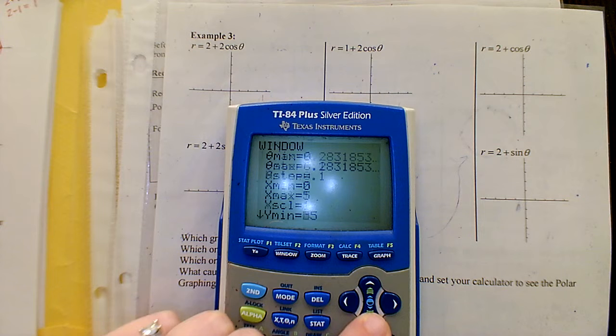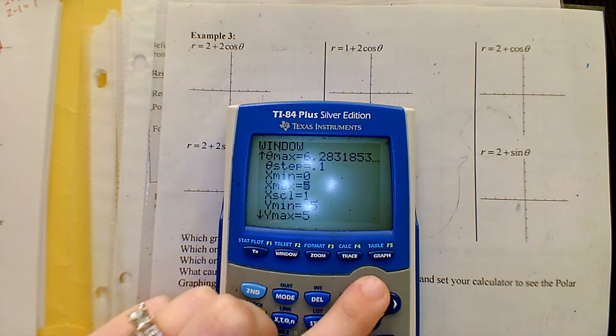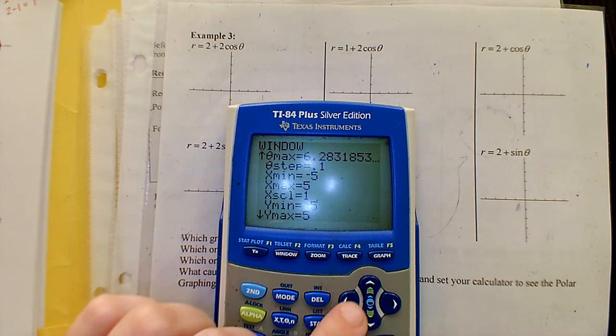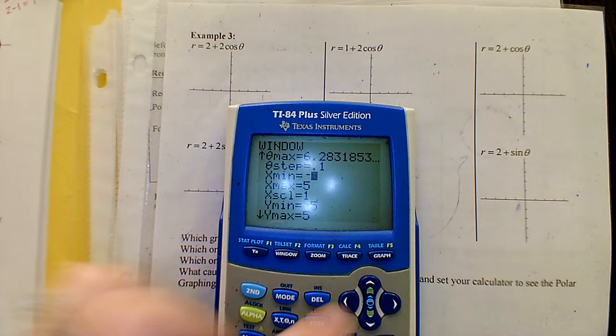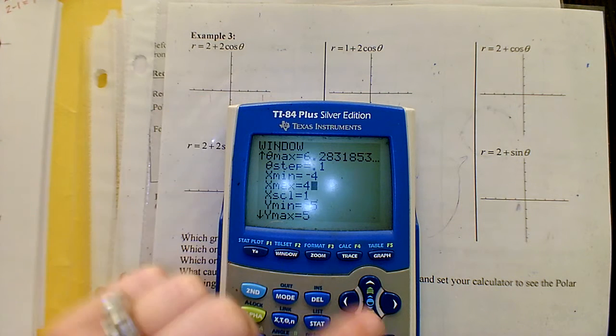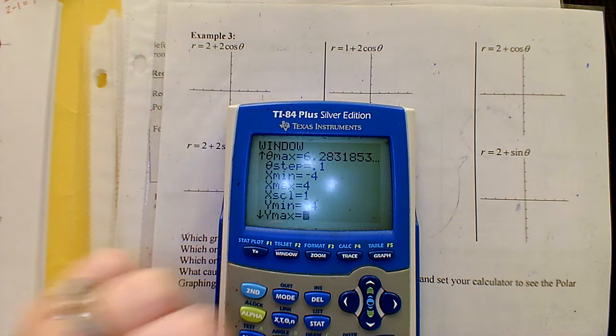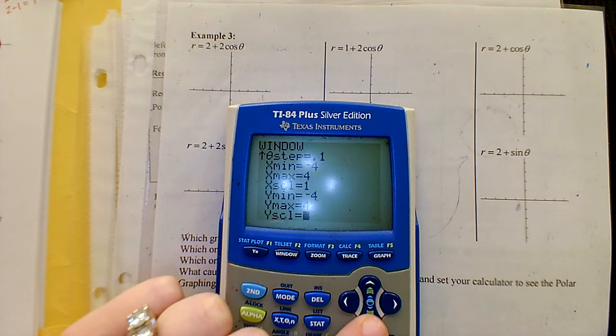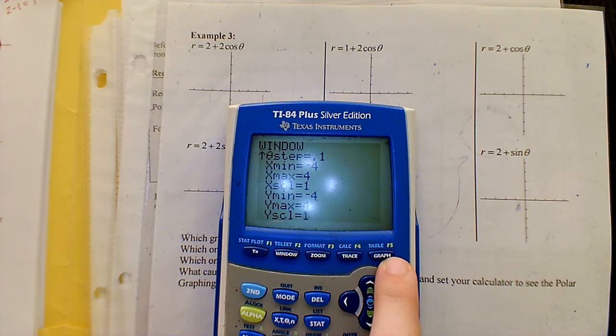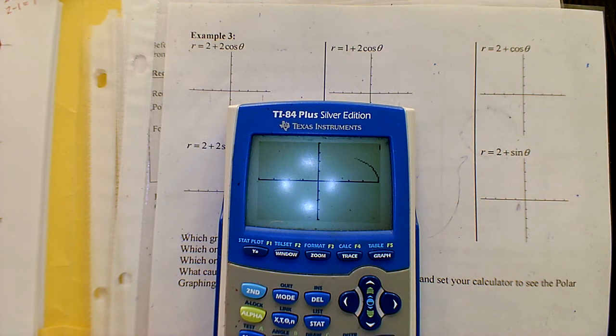And then you can set the rectangular coordinates, how far you want to go on the left and the right. Maybe we'll do -4 and +4, just because that's what we have on our paper. And we'll count by 1s. All right, so when you have it set, you can go ahead and hit graph.